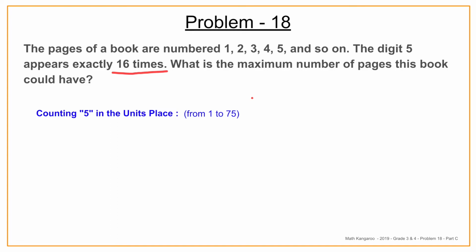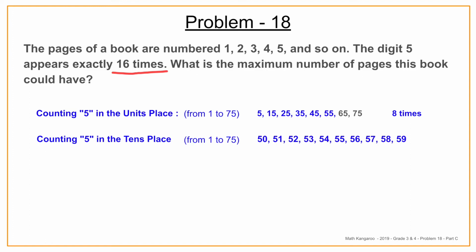So we count at the units place 5 as 5, 15, 25, 35, 45, 55, 65, 75. And we say it appears 8 times. Now we will count 5 in the tens place. And again from 1 to 75, we count 50, 51, 52, 53, 54, 55, 56, 57, 58, 59, which is 10 times.